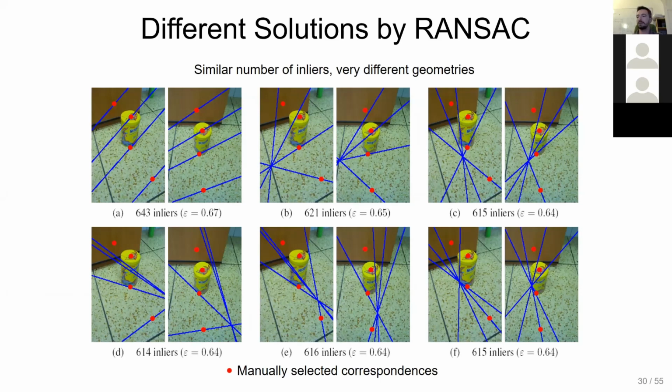On the first image pair, you can see a homography that is actually the correct model, and you can see that all 4 correspondences are consistent with this homography. In all the other examples, you have different homographies, different fundamental matrices.